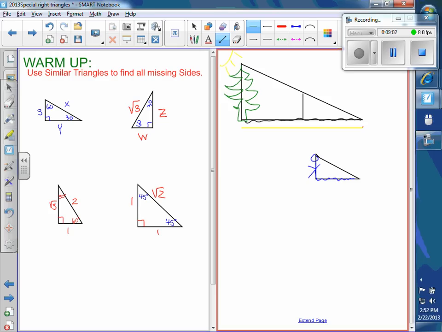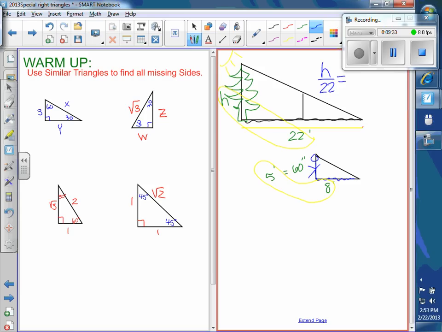Okay, so anyway, if you had like an 8-foot shadow, and maybe this was a 22-foot shadow, and you knew that you were 60 inches tall, so that's 5 feet, then you could compare similar triangles by saying H compares to 22 as 5 feet compares to 8 feet. And you would set up a ratio and proportion. H over 22 is the same as 5 over 8.